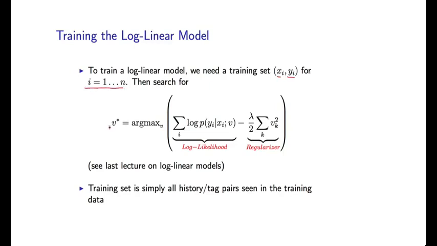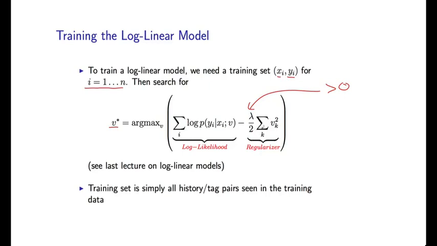Then we choose our parameter values, v star, to be the v's that maximize the sum of two terms. Firstly I have the sum of log probabilities of my training examples, and secondly I have a negative term, where lambda is some constant which is greater than 0, dictating the relative weight of this term.